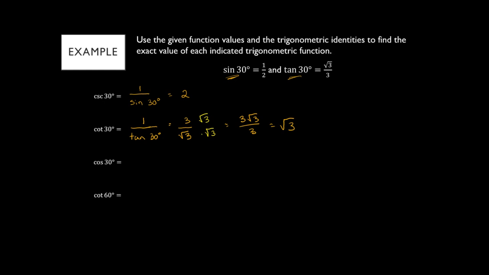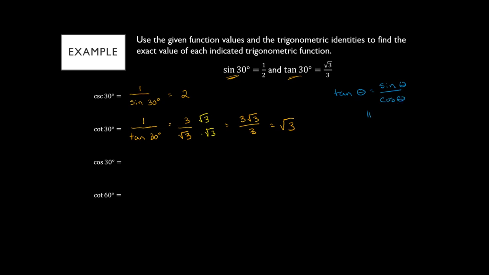This is sort of the exercise, is to try to find these without using the other information. So to find cosine of 30 degrees, we're going to be a little creative. We're going to use the identity that tangent is sine over cosine.